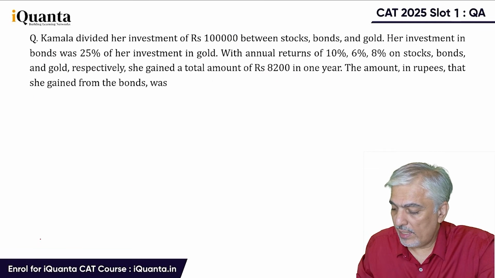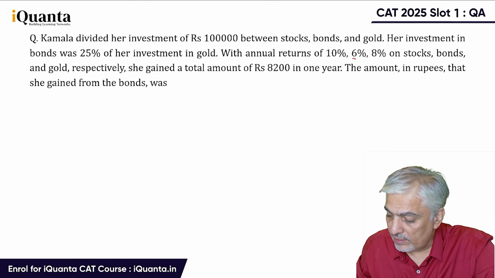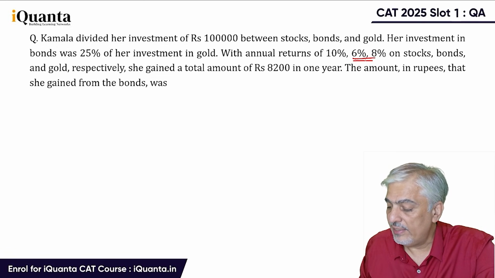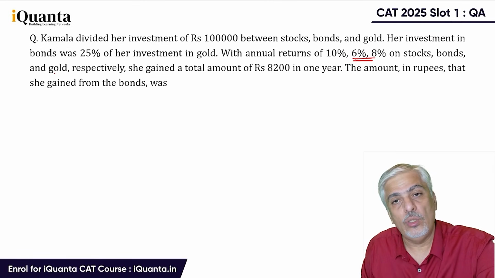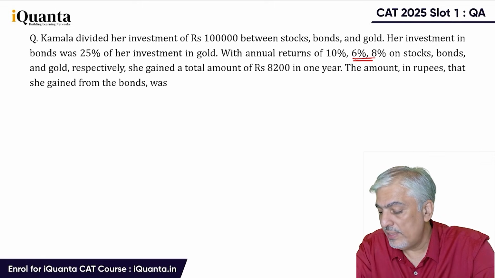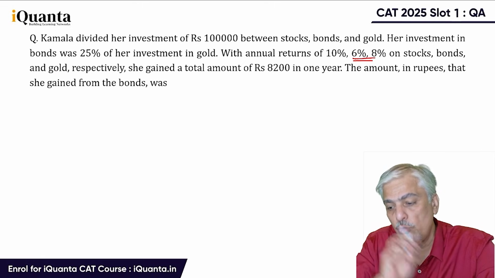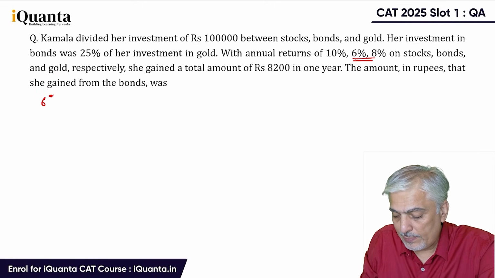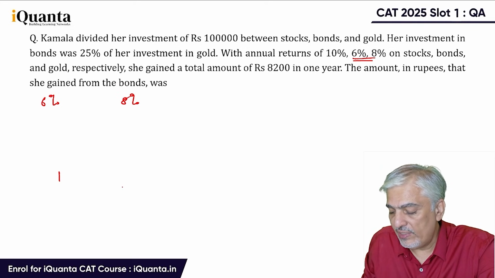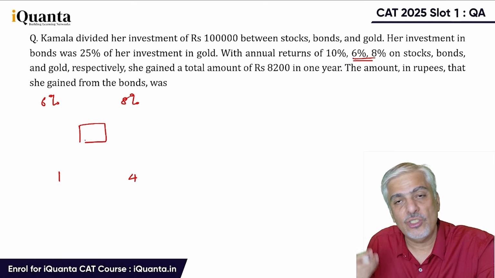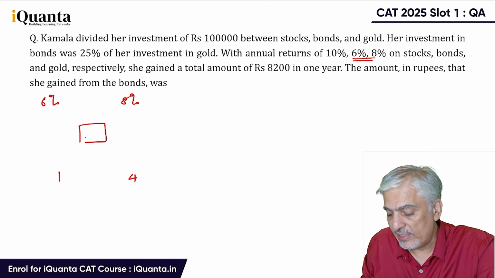Now, I know the returns are 6 and 8% on bonds and gold. And bonds and gold I invested in the ratio 1:4. So pay attention, 6%, 8%, and they are invested in the ratio 1:4. So using allegations or simple weighted average, I can calculate this number orally.